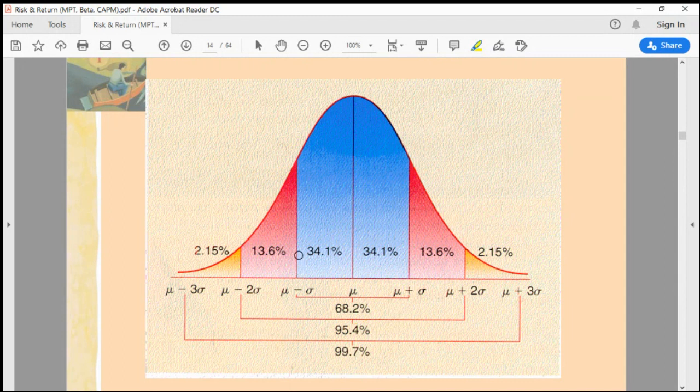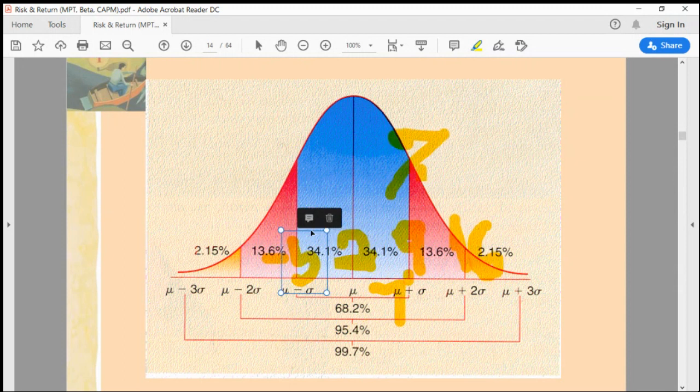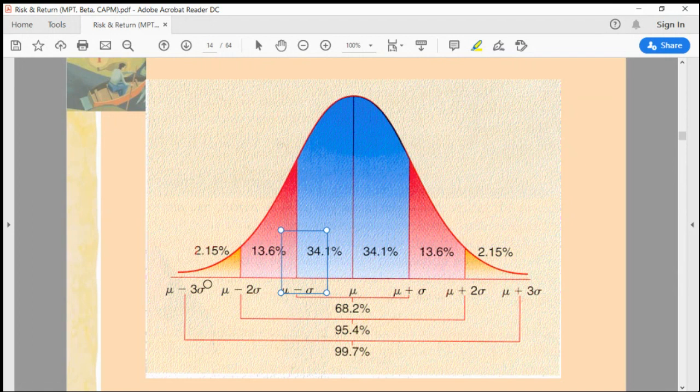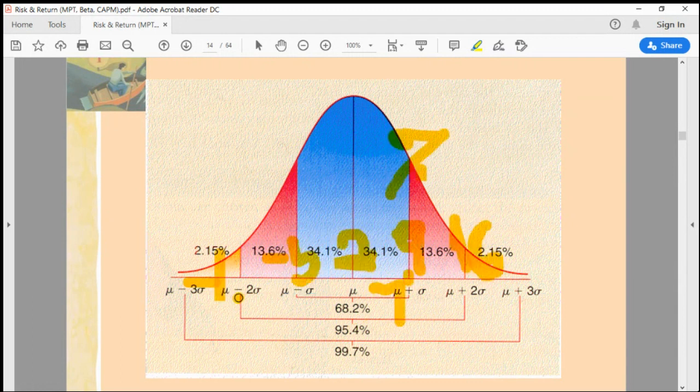And then one standard deviation below mean will be negative 5%, and two standard deviations below mean will be negative 12%.